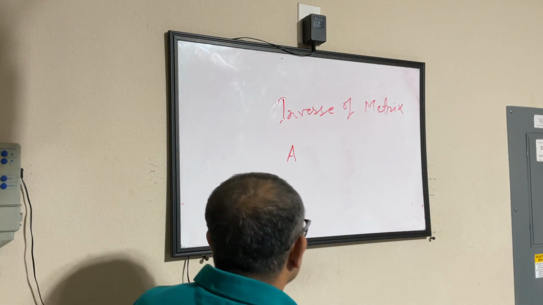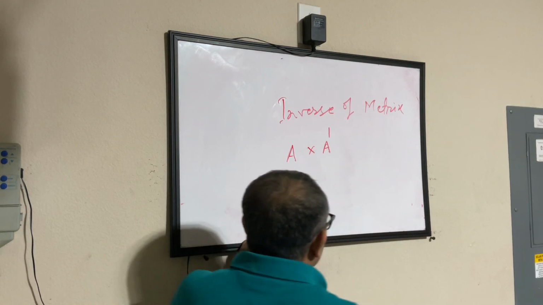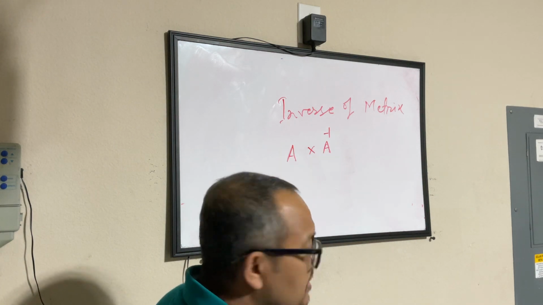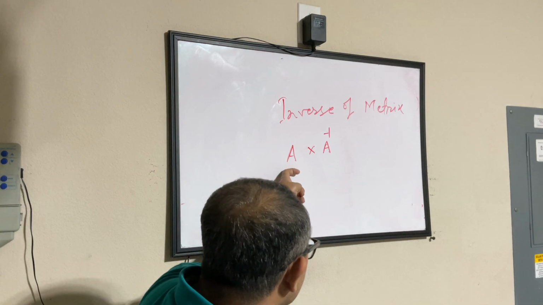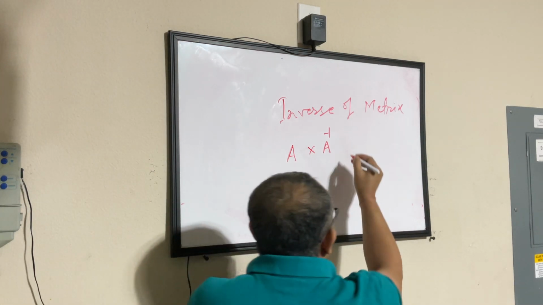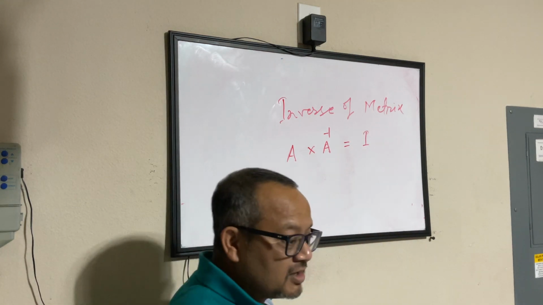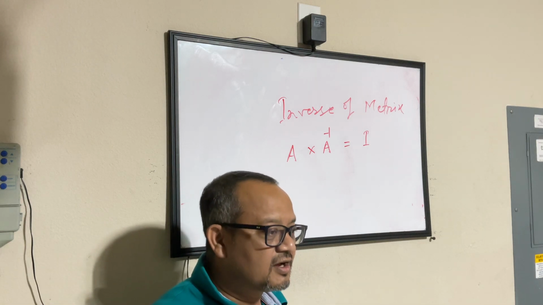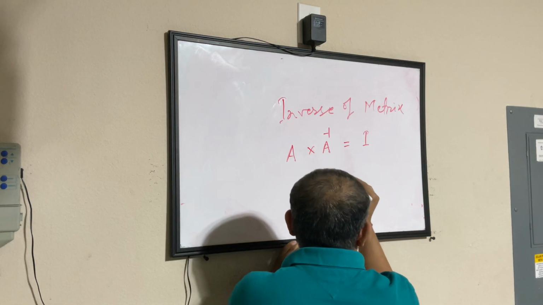If I have a matrix A, and I multiply that with the inverse of matrix, I'm just representing it like A to the power minus 1, what I will get is nothing but, not 1, but I will get an I. Now you will say, what is I? I is nothing but your identity matrix.